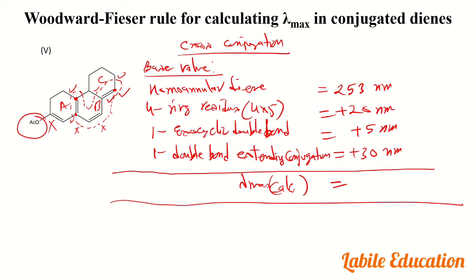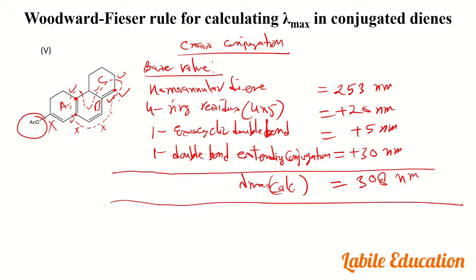So 253, and the exocyclic double bond is there, okay, yes, this value will be 308 nanometer. Is it right? Let me check it again.